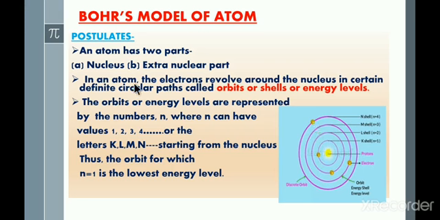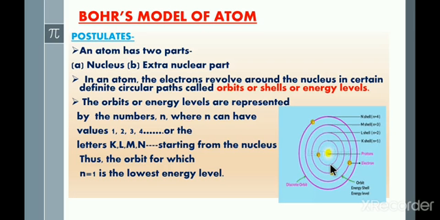Next, in an atom, the electrons revolve around the nucleus in certain fixed circular paths, which are known as orbits or shells or energy levels. These are represented by the numbers 1, 2, 3 or 4, or the letters K, L, M, N starting from the nucleus.